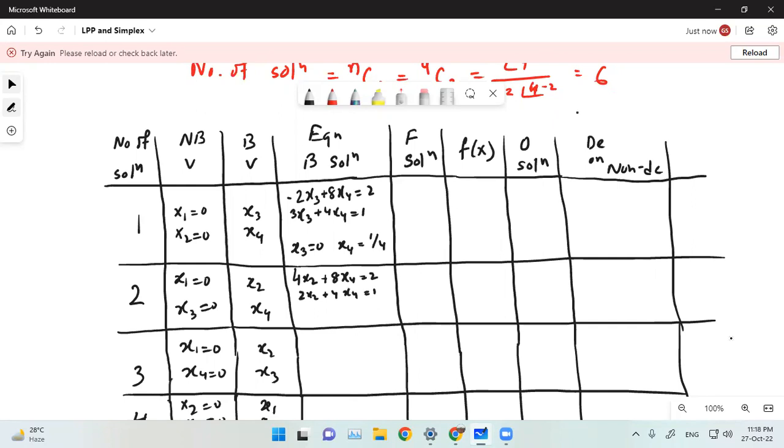So since, as you can see, the variables are actually linearly dependent, so there will be no solution. No solution.